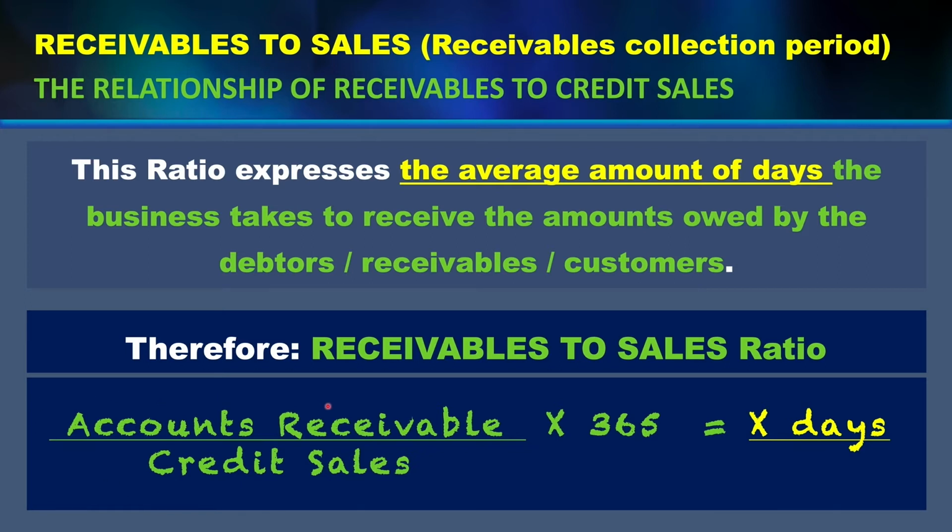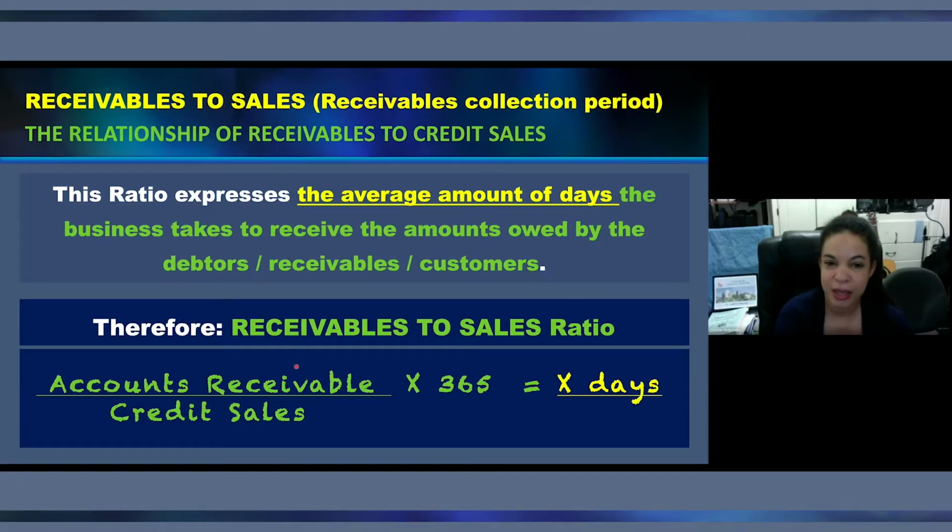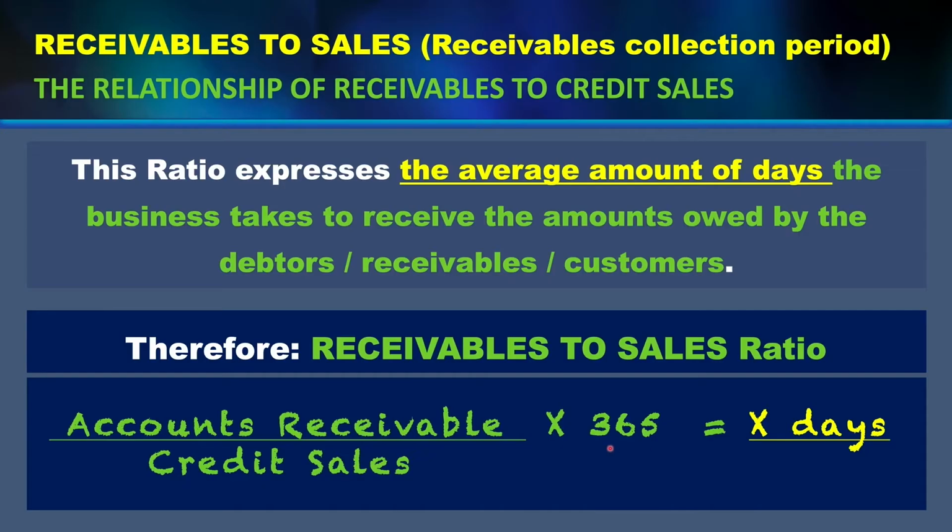It's only when the business sells to customers on credit that they become receivables. So it's the accounts receivable over your credit sales, multiplied by 365, because we are expressing this as the average number of days. There are 365 days in a year.